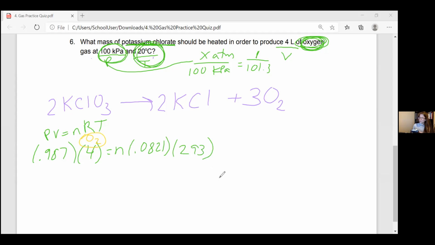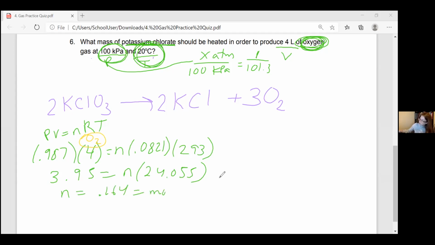So we get 293. 3.95 equals 24.055. And then we're doing the 3.95 divided by the 24, so we get the n by itself.